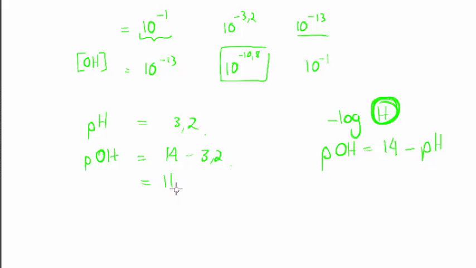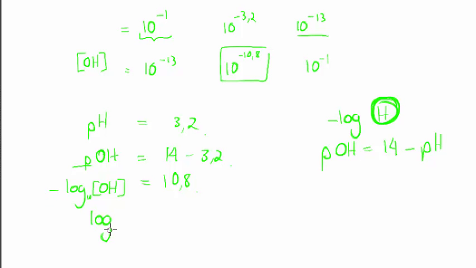And that gives me 10,8. Now I know that this formula, p is always negative log. OH is the concentration of OH. Now, if I want to solve this, I need to first get the log on its own.